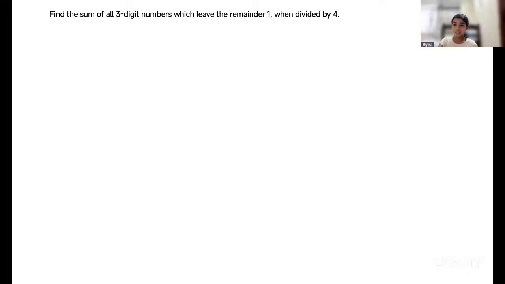No, first. 4, 8, 12? No, not the 4 times table. Only three-digit numbers. What are the three-digit numbers?